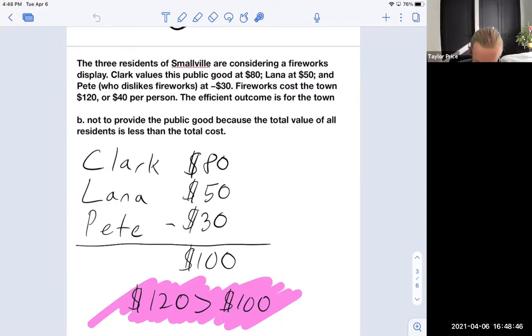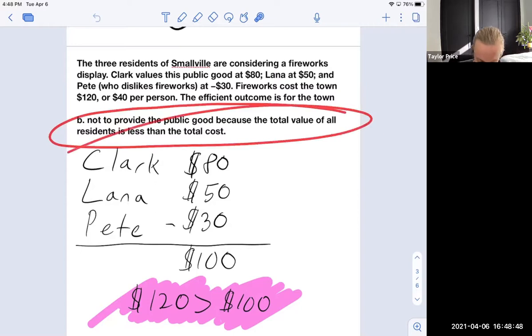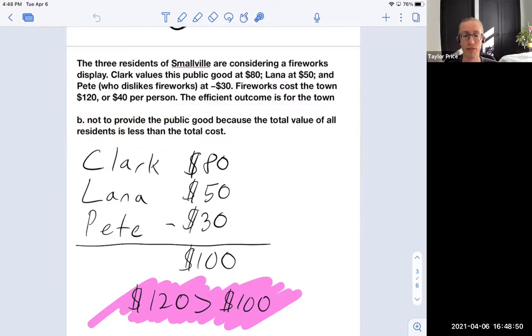So the correct answer is not to provide the fireworks because the value to all the residents is less than the cost. All you need to do for this question is simply add up all of the individuals' willingness to pay. So you have Clark at 80, Lana at 50, and Pete at negative 30. When you do that, you get a total willingness to pay of $100.